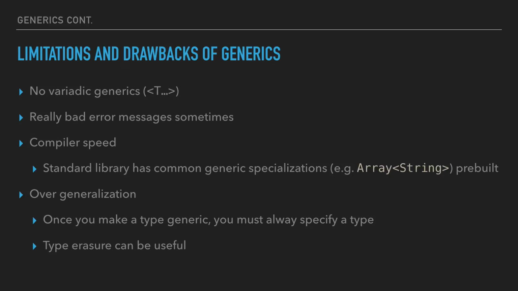Another thing to watch out for is that you can overgeneralize your code. What I mean by that is there are cases in which you don't want a generic class, because every time you define a generic like that, you need to be able to provide type information from somewhere. Whether it's defining it in your code as the return type, or you need to create instances of a class that is generic, it means you need to provide a type for that generic.